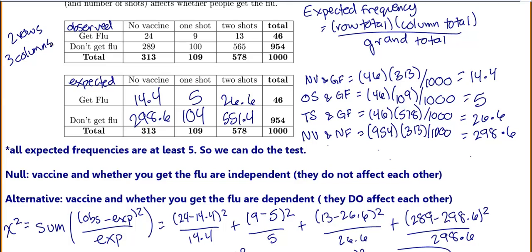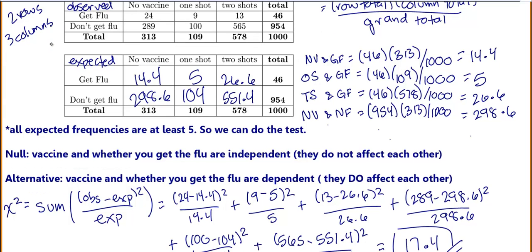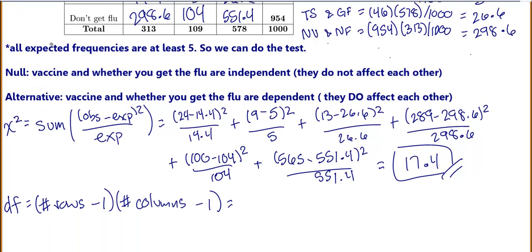You'll notice in this class we're never really going to do anything much bigger than like 2 by 3, maybe 2 by 4, because it's going to just take too long to do the problems by hand. And in real life you would get to use a calculator. So we have 2 rows minus 1 times 3 columns minus 1, which gives me 2.